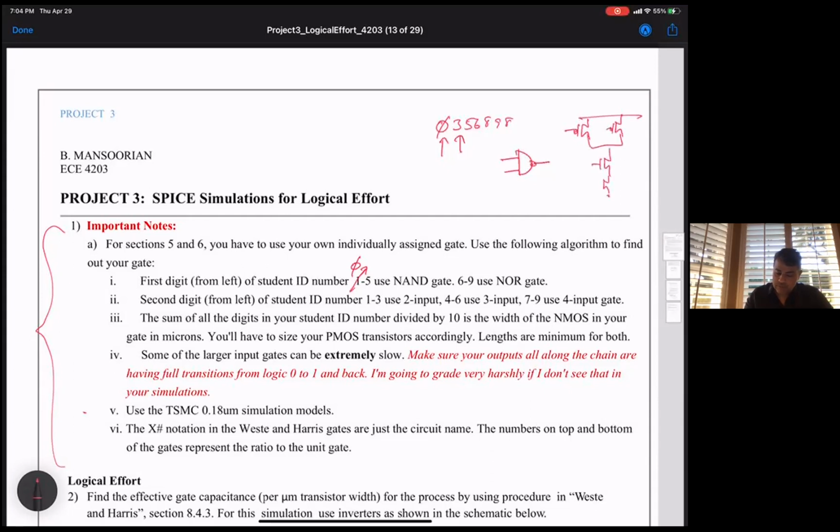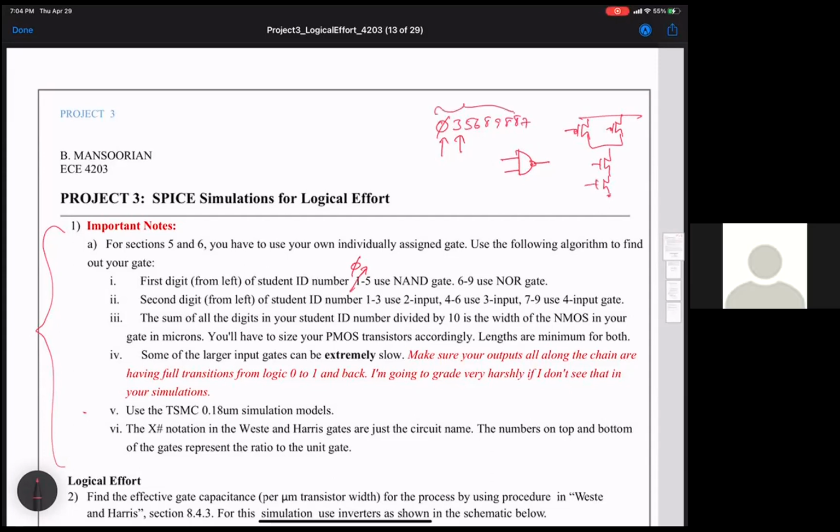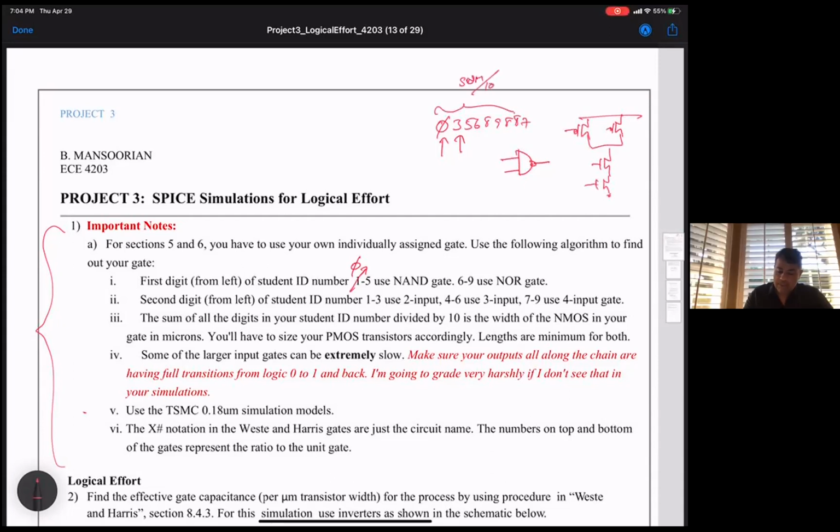Then basically I take the sum of all these digits and divide it by 10.